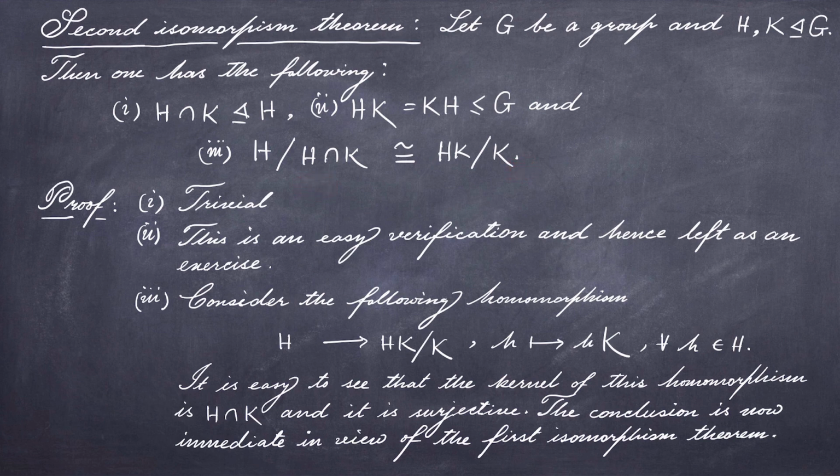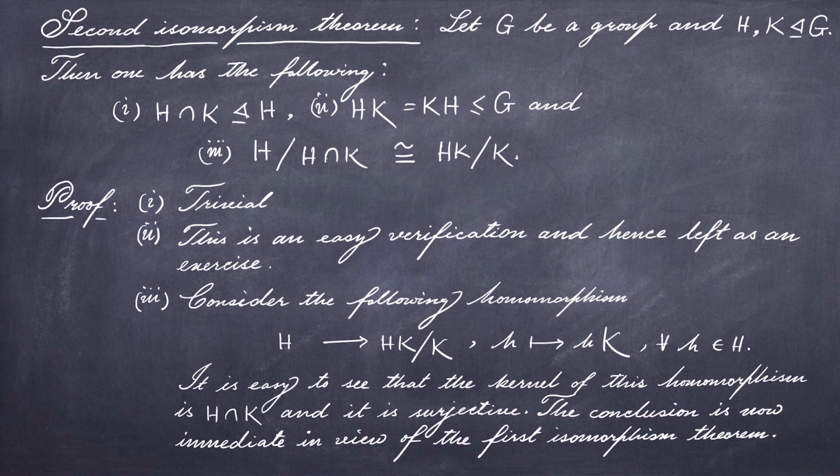For the proof, this one is trivial. This is again a routine verification, so you have to work out the details. And to prove the third one, observe that from H to HK modulo K, we have this homomorphism.